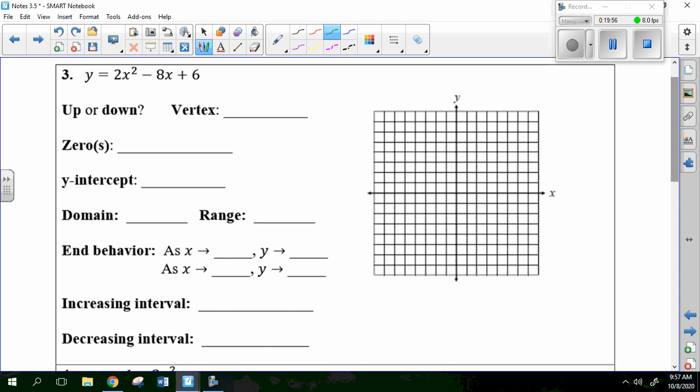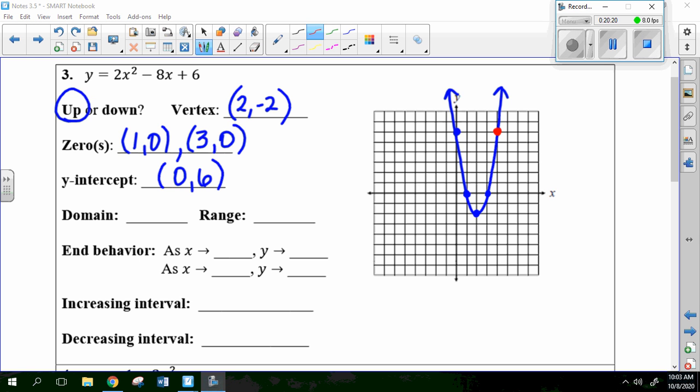What number's in front of x squared? A 2, and it's positive, and that's your A. So this one opens up or down? Up. The rest of it, I would absolutely use Desmos to find the vertex, the zeros, and the y-intercept. So take a few minutes and work on that one.